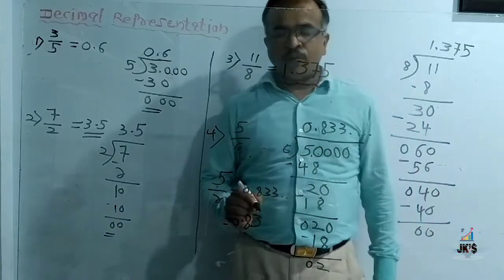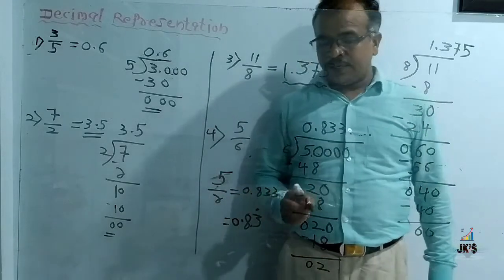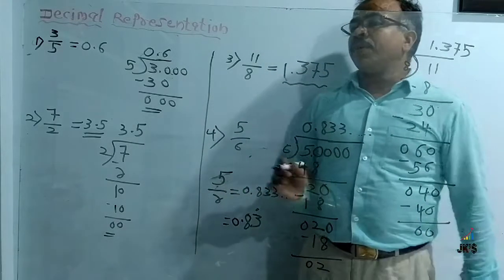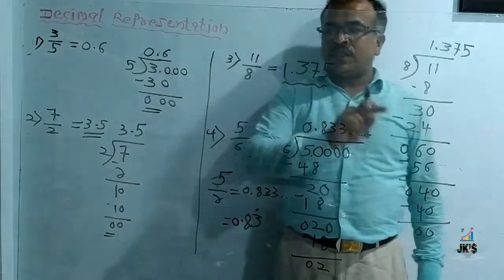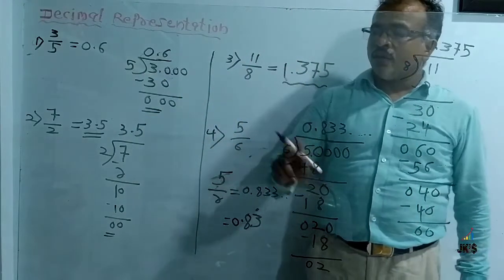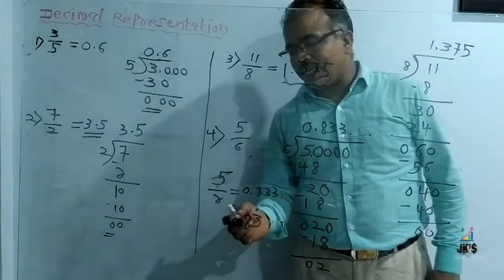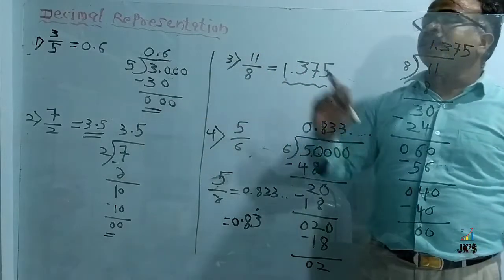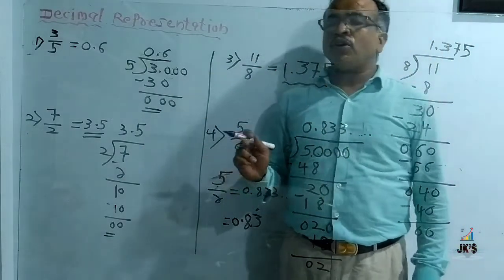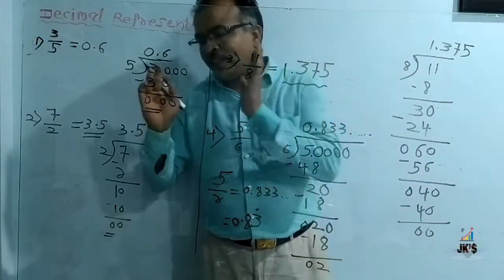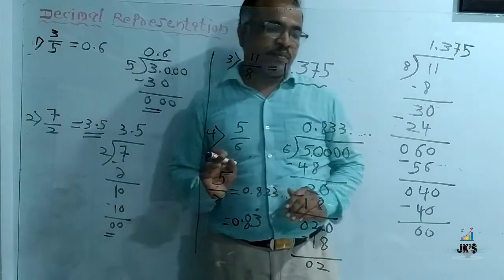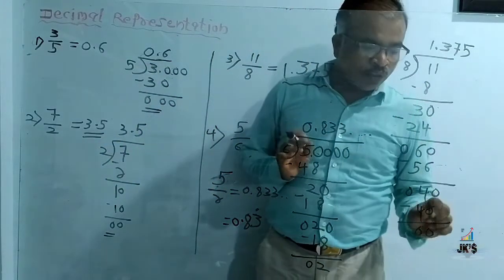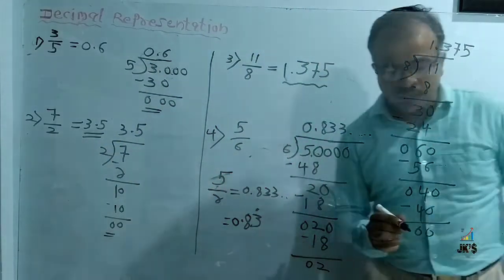When we compare the first three examples with the fourth, it is clear that in the first three examples the process of division gets completed. It has a particular end, meaning the remainder is 0.